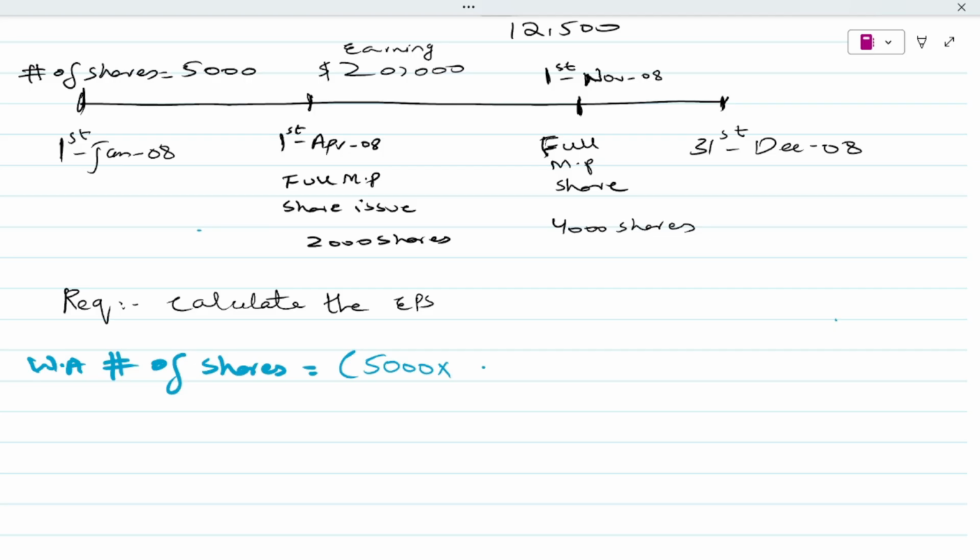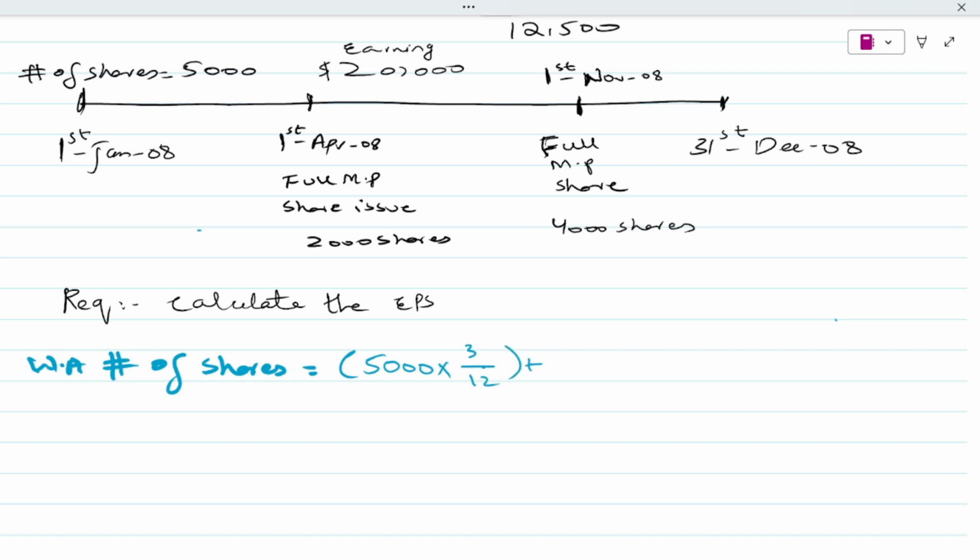It's not 31st April. So we count Jan, Feb, and March. That's it, 3 months. So 5,000 into 3 over 12.